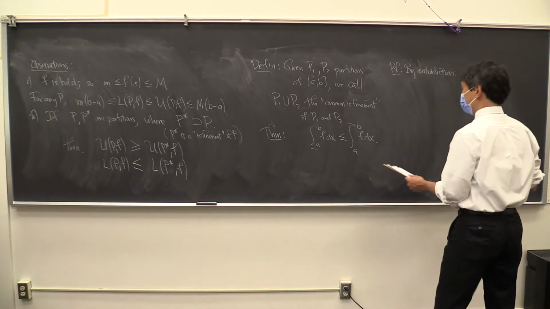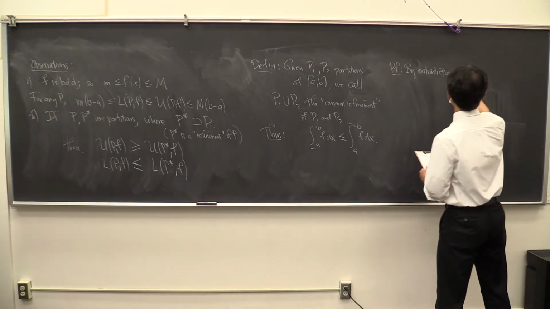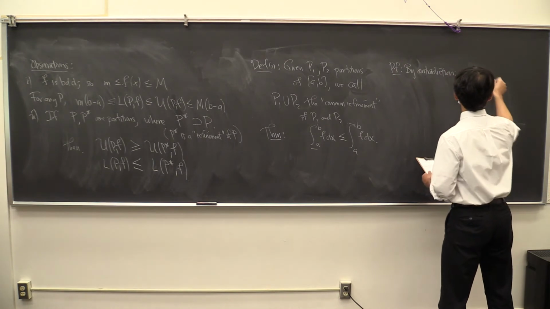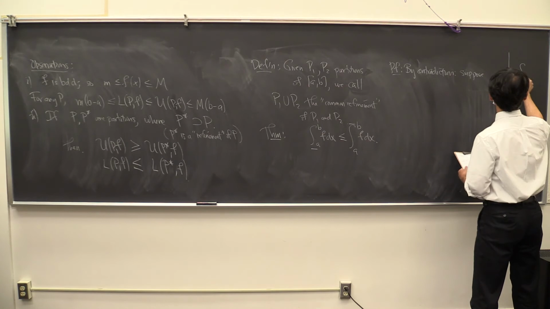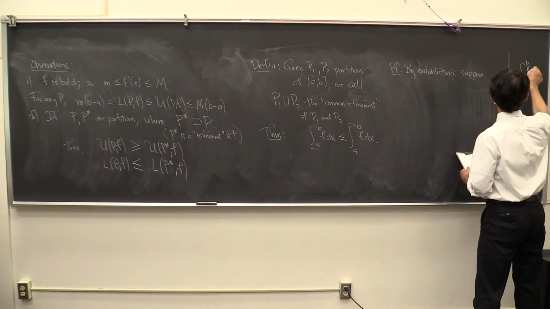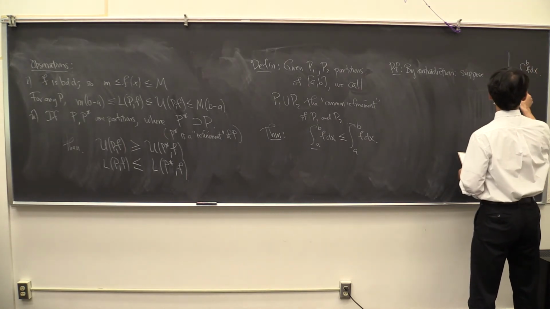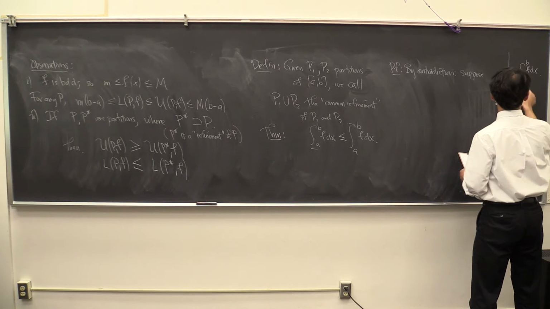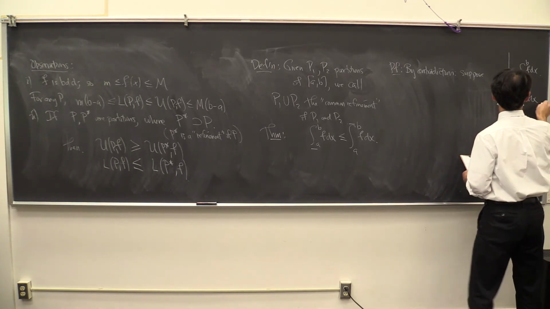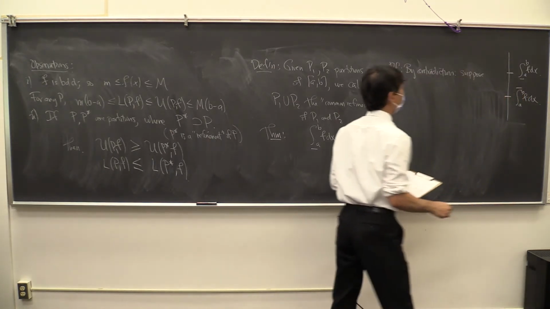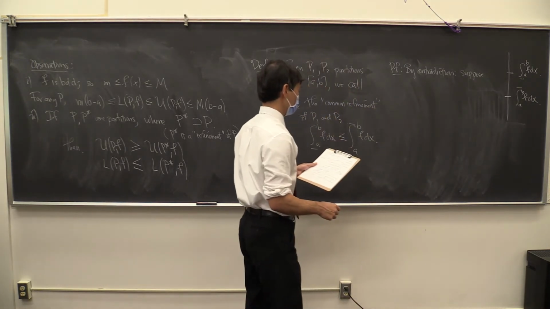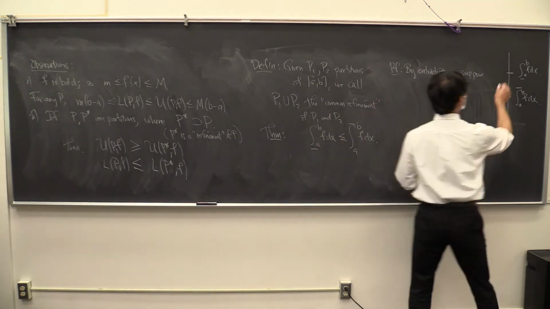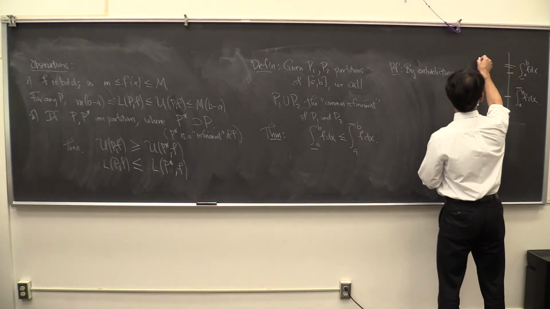Okay, so suppose that the lower Riemann sum is strictly bigger. Suppose we have a lower Riemann sum that is strictly bigger than the upper Riemann sum. Right, and remember what these things are.